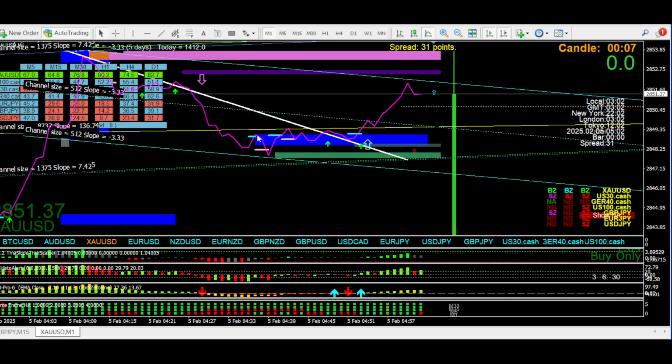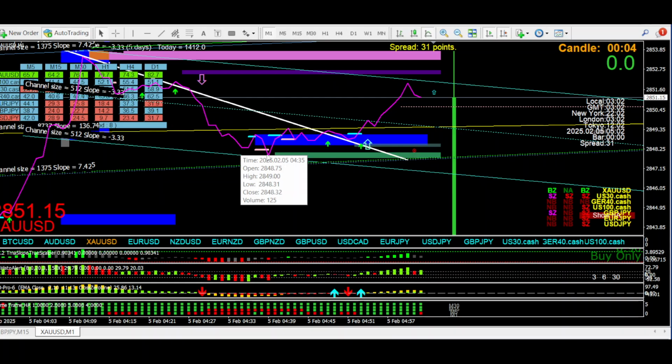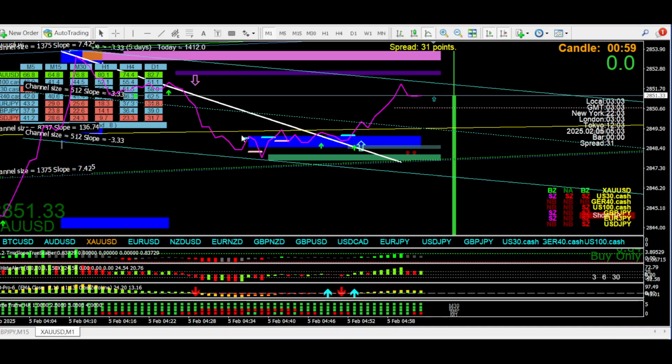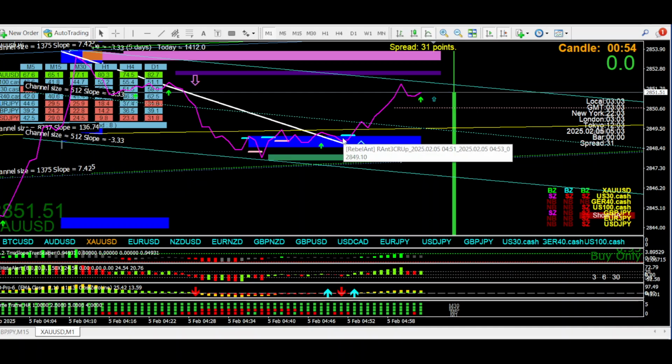The high broken by price that creates a new low. That low broken means the sellers have busted the buyers there. Multiple 3CRs. I don't talk about these anymore because I see them in my sleep, but I watch them every trade. Go back to M5.